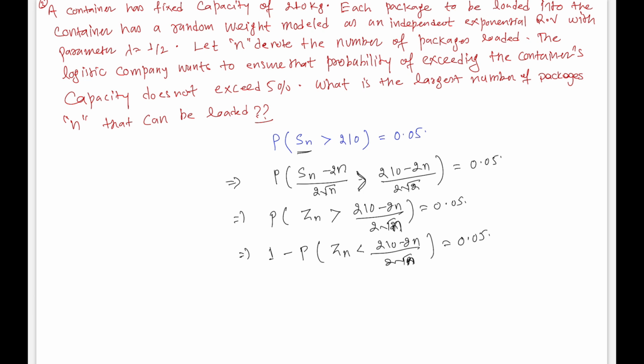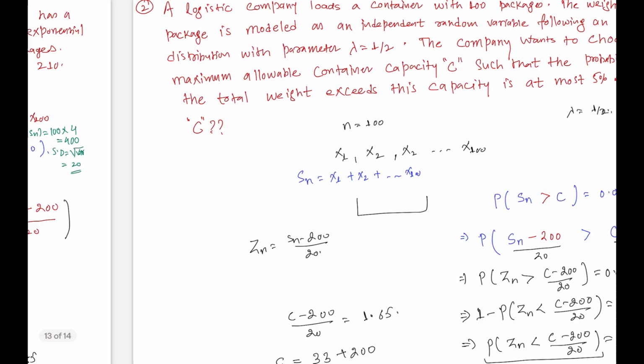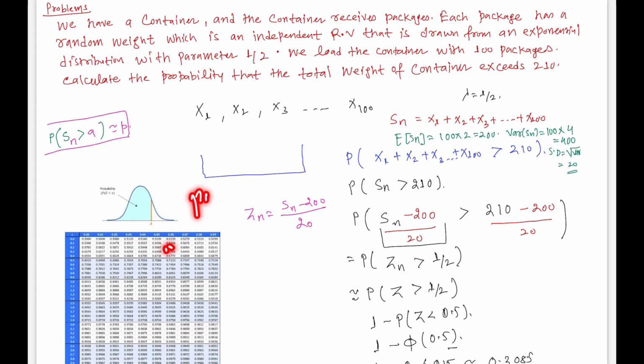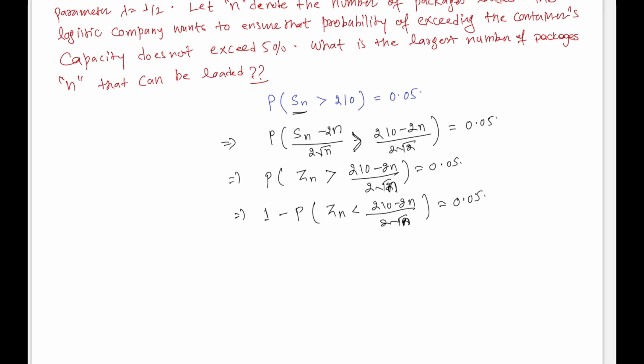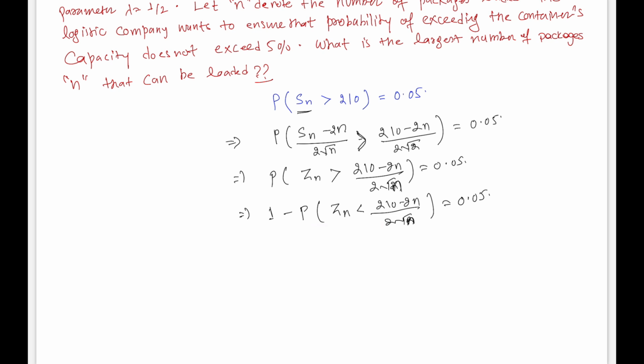And why have we done it like this? Because the table that we are given is the normal table. This table is for the probability Z less than or equal to z. So now we can make use of the table. So let me first separate this: the probability that Zn is less than or equal to (210 minus 2n) divided by 2 root n is equal to 0.95.